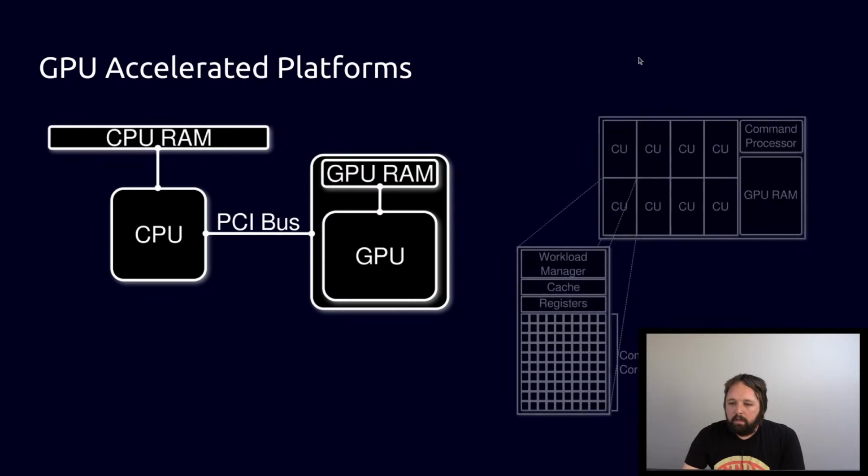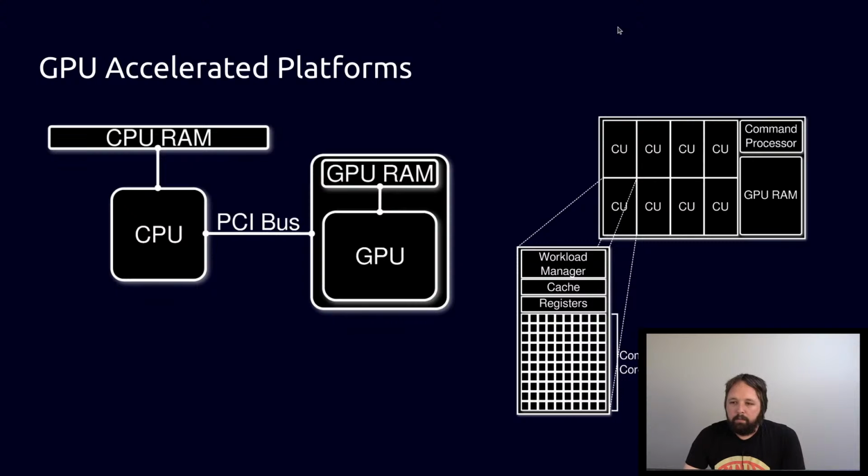Now, another bit here, if we look inside of the GPU hardware, this is on the right-hand side of the screen, is a conceptual diagram of what's going on inside the GPU. Sort of at this macro level, so the larger scale picture up on the top right. The key components of that GPU are the command processor, the compute units, and of course that GPU RAM.